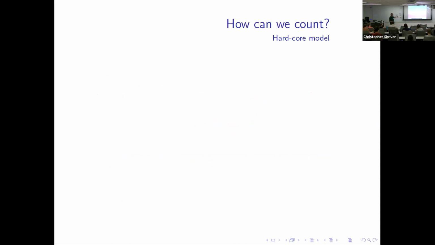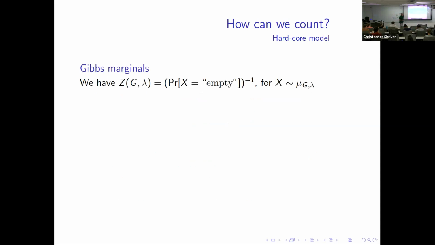No questions? Okay. So before getting started with algorithms, let's think a bit about how we can count. How can we estimate the partition function? Let's use the hardcore model again. Basically we have a graph G, lambda, and then someone tells you, okay, we have this configuration X, an independent set chosen according to the hardcore model.